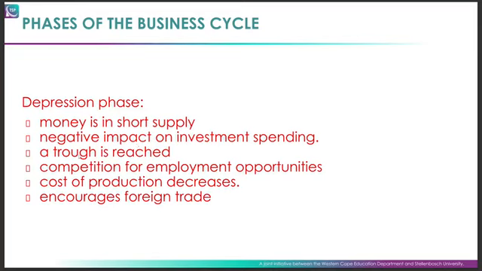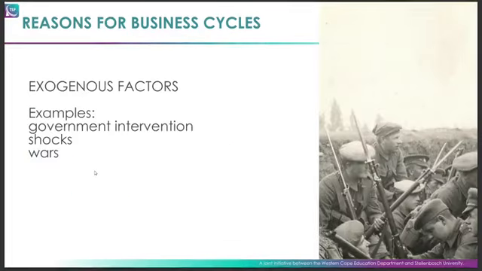Then we find that there is competition for employment opportunities and the cost of production decreases, and this again encourages foreign trade. With foreign trade being encouraged, we see an increase in demand, and now we start the process all over, where you move into a recovery phase, then into prosperity, and it will all happen again.